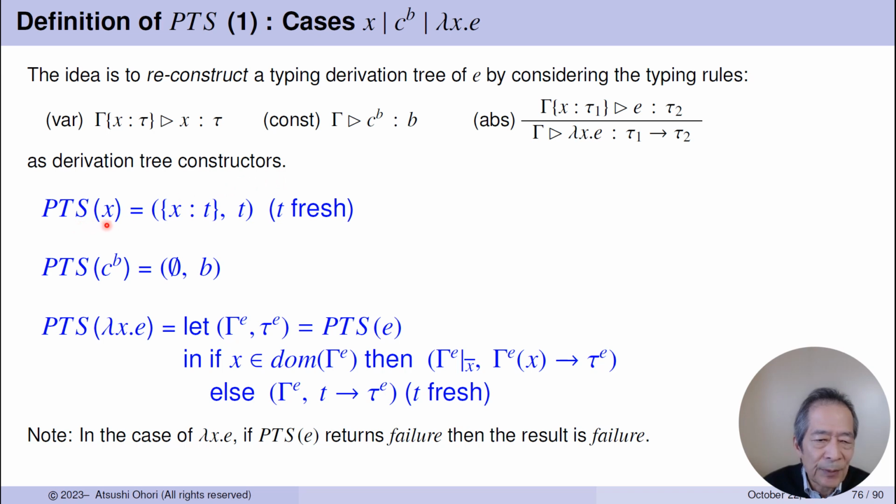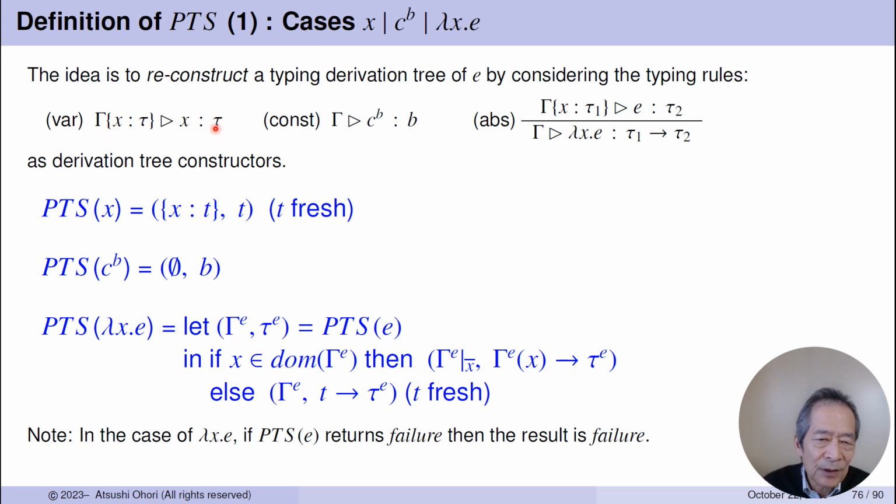First one is variable. So PTS of x, you try to return a principal typing of x. In this case, this will do, right? x colon T, for a type variable T: x has type T. From this typing, you get any typing of this form by adding an extra part to gamma and instantiating T to whatever tau.